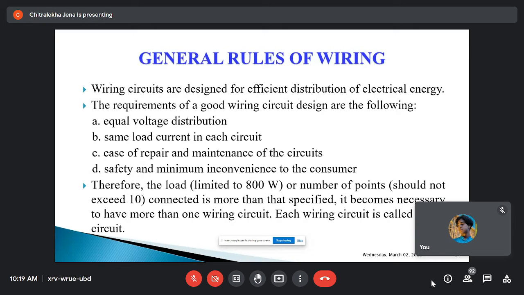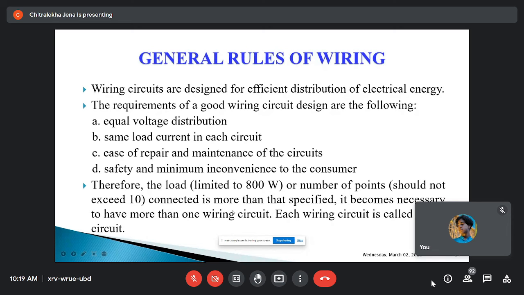So therefore, the load is limited to 800 watt or the number of points. You must have seen in each room of your house there are different numbers of points. Yes or no? A bulb, 2 fans, one AC, one for an iron, one for a laptop. So the number of points connected should not exceed 10.